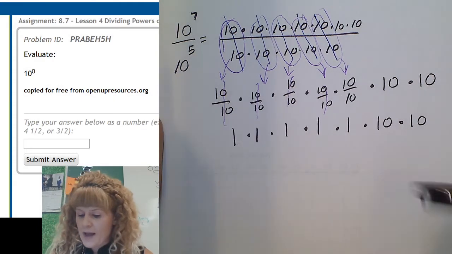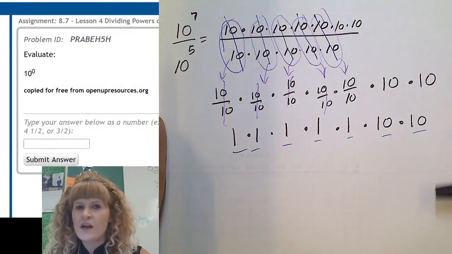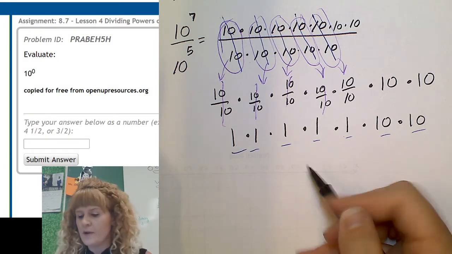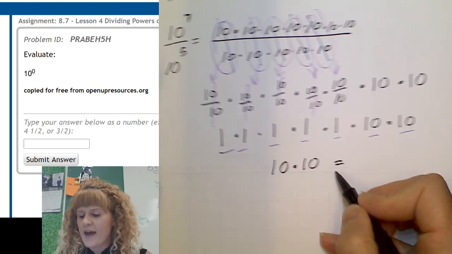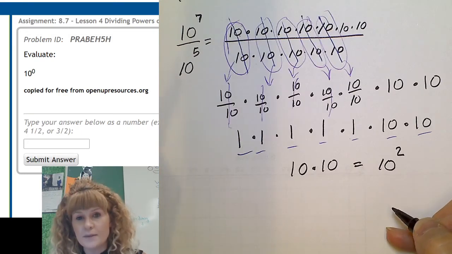Okay, so here we have 1 times 1 times 1 times 1 times 1 times 10 times 10. Well, 1 times anything doesn't change the value. So I'm left with 10 times 10, and that in exponential form is 10 to the power of 2.